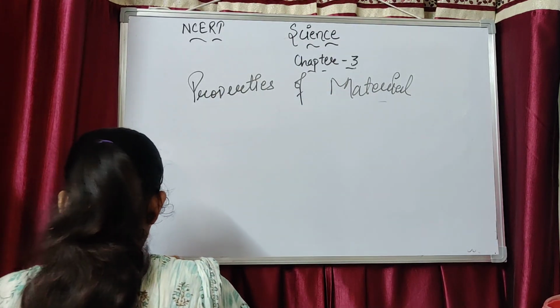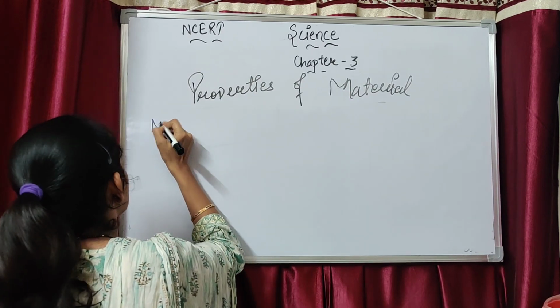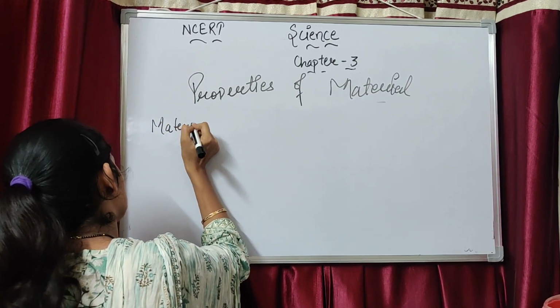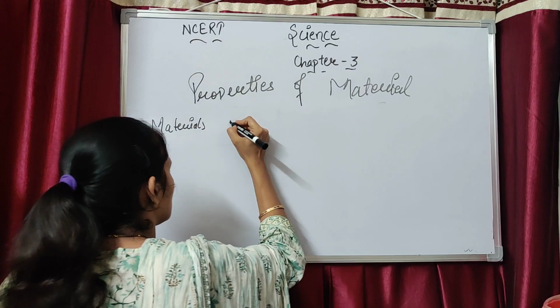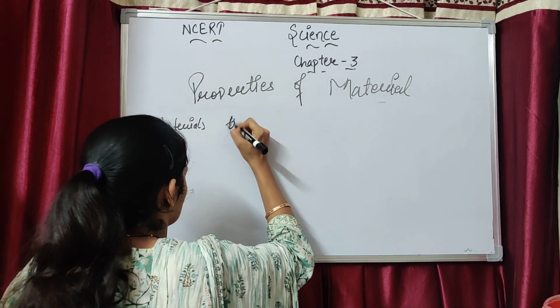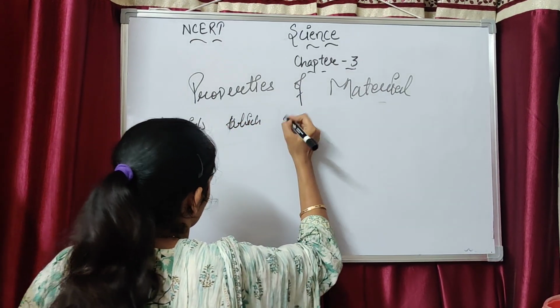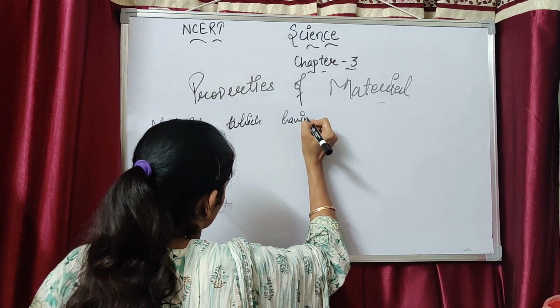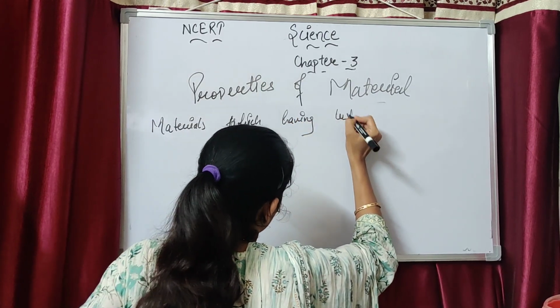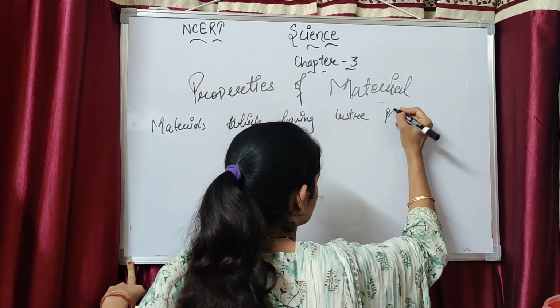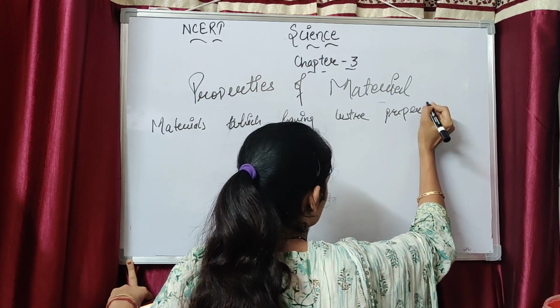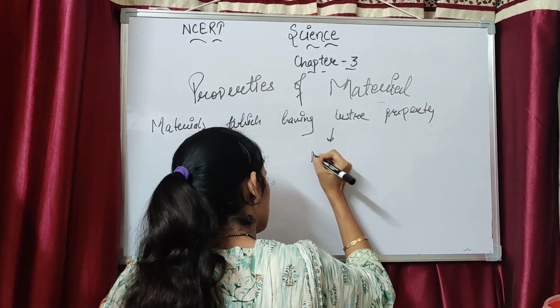Materials that have luster are usually metals. That means materials having the luster property are known as metals.